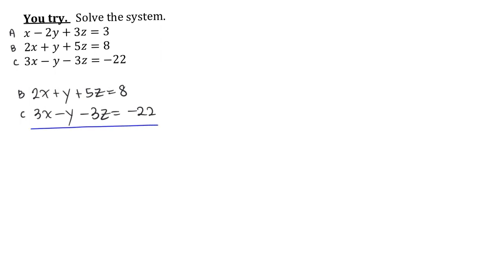Okay, so I'm going to get 5x plus 2z equals negative 14. Okay, now I used equation B and C. I have to use equation A on my next step. So I'm just going to go ahead and copy it down now.